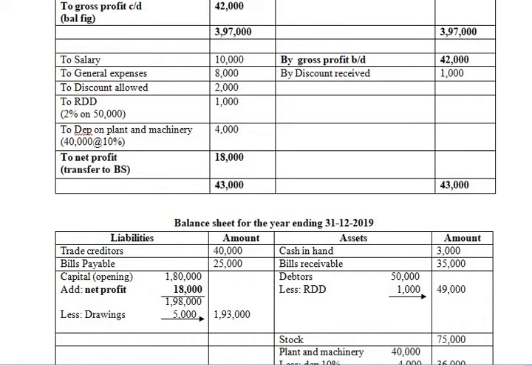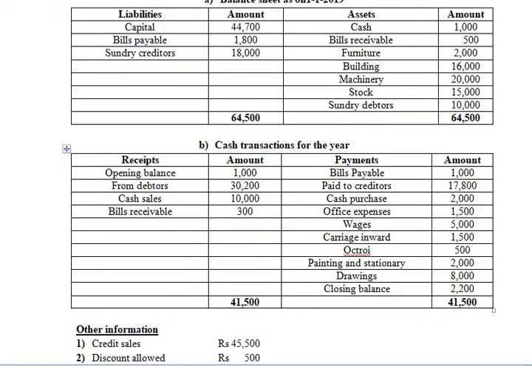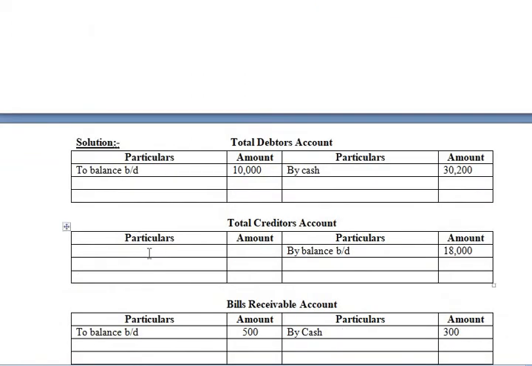So the creditors account will be debited to cash account. This is again paid against bills, so you can write here as paid. And what is the amount here? 17,800.